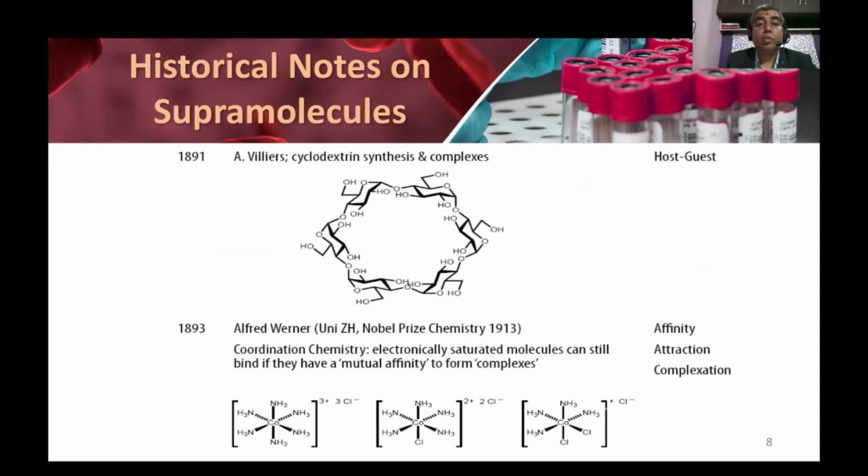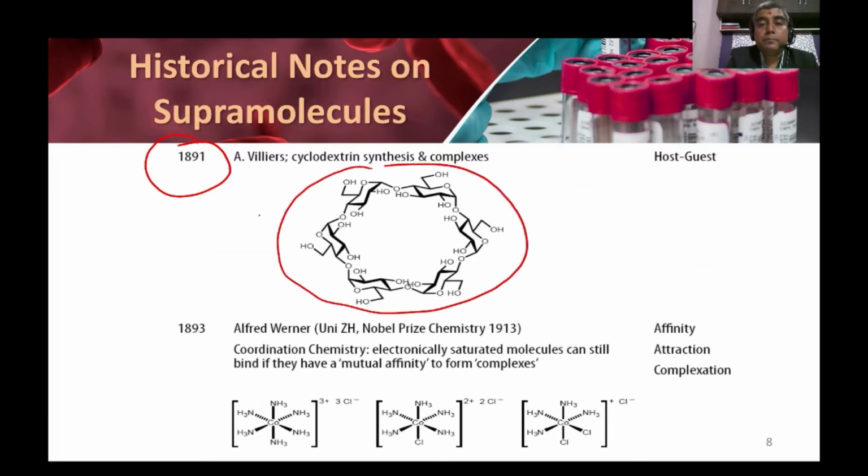Some historical notes on the development of supramolecular chemistry. In 1891, a scientist Villiers synthesized cyclodextrin and used this compound for host-guest studies.